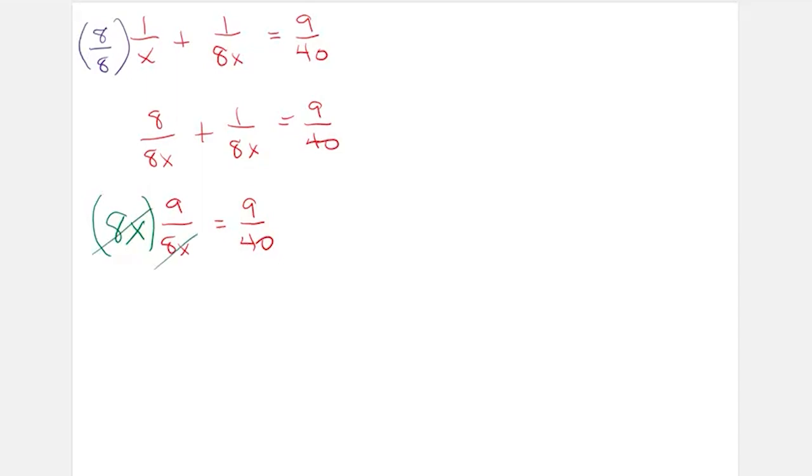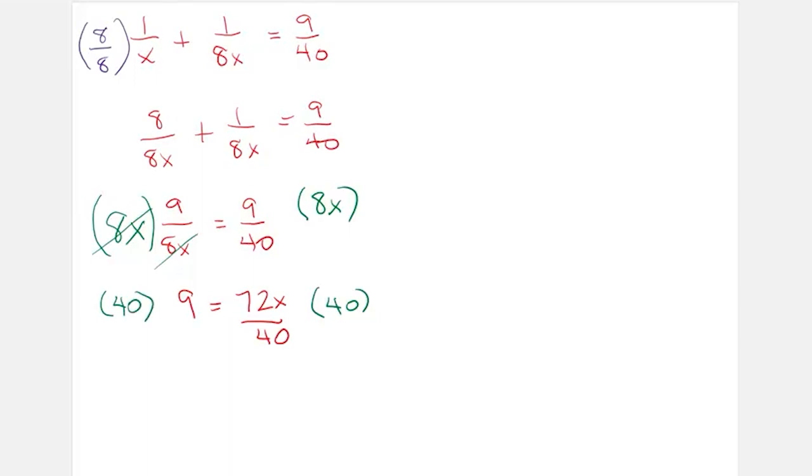I'm going to multiply the other side also by 8x, because whatever I do to one side, I have to do to the other. So now I have 9 equals 72x over 40. And again, I don't really want this fraction, so I'm going to multiply both sides by 40.